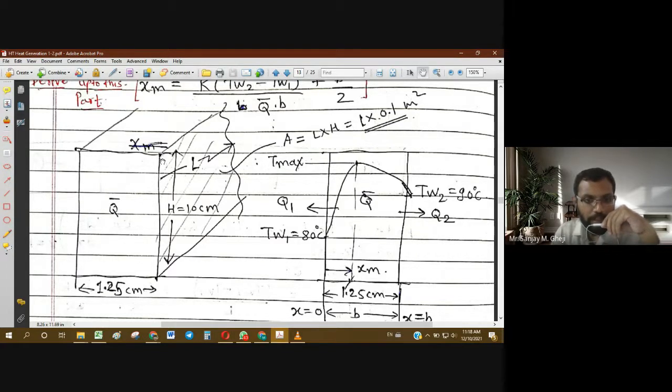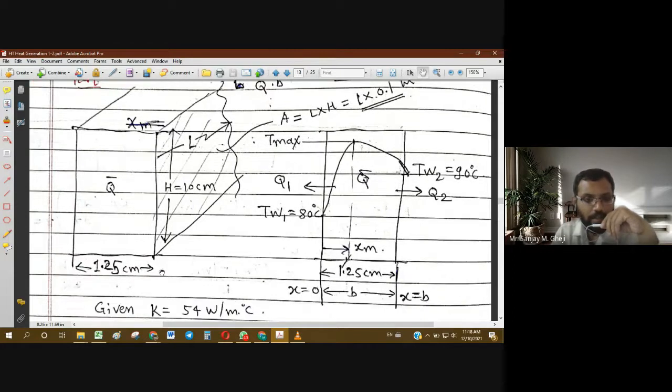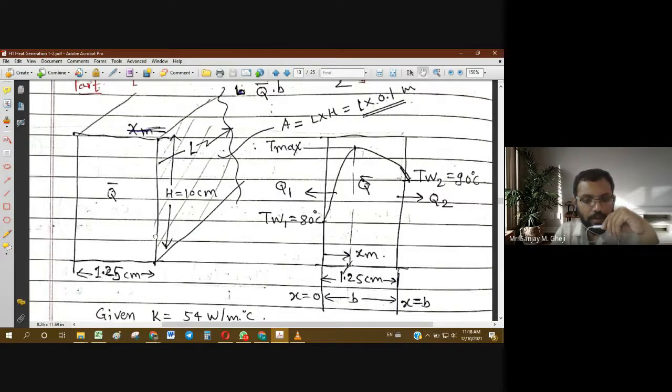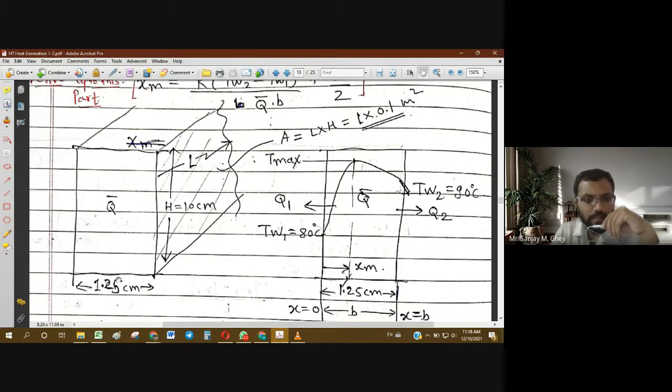So height is very large, 10 centimeter, and length is very large, 1 meter, as compared to the thickness, which is very small, 1.25 centimeter. Only for clear understanding, the thickness is shown larger. Otherwise, if we draw it to scale, it will be a very thin wall. Only for clarity of the concept it is enlarged.